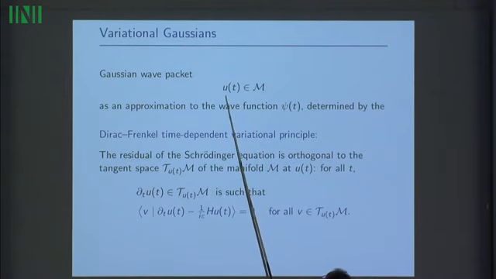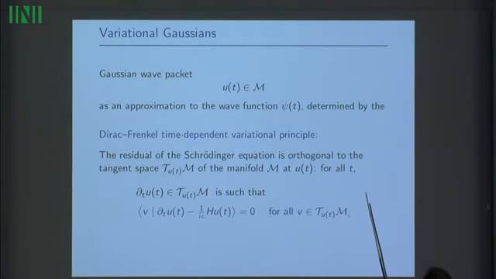So what we're looking for is now a path of Gaussians u of t, which should be an approximation to the exact wave function psi of t. And the principle which describes this goes back to Dirac in 1930. 1930 was only 4 years after the Schrödinger equation had been formulated, but it was immediately realized that the Schrödinger equation is a wonderful equation, but not very practical to deal with directly. So already at that time, people like Dirac were looking for approximate models.